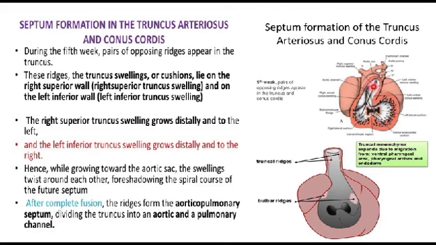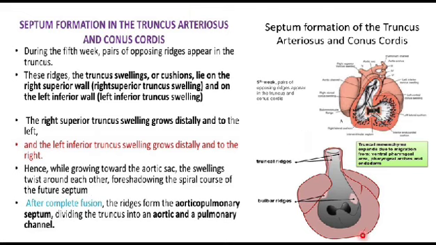After the complete fusion of the aortopulmonary septum, there is separate formation of the pulmonary trunk and the aorta in the truncus arteriosus, and the outflow tract, the smooth part of the ventricles, in the conus cordis part.